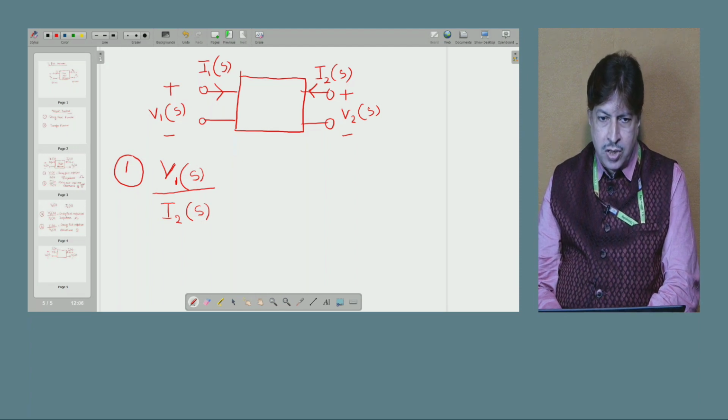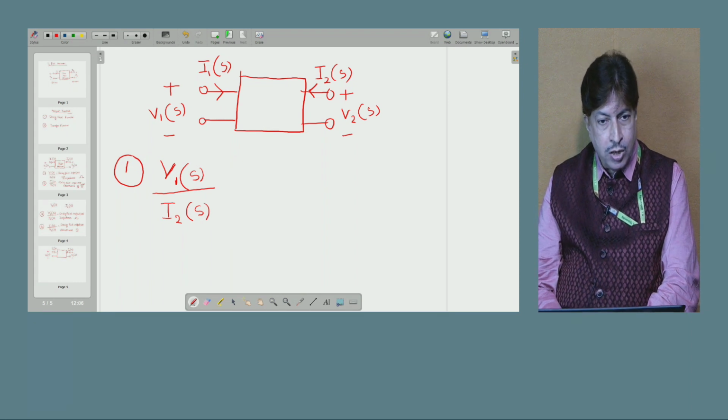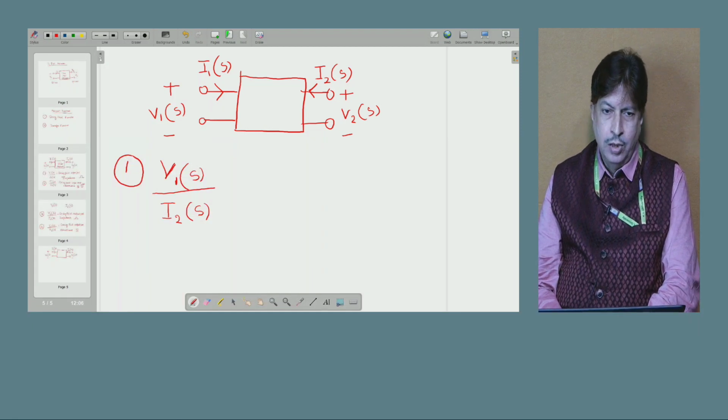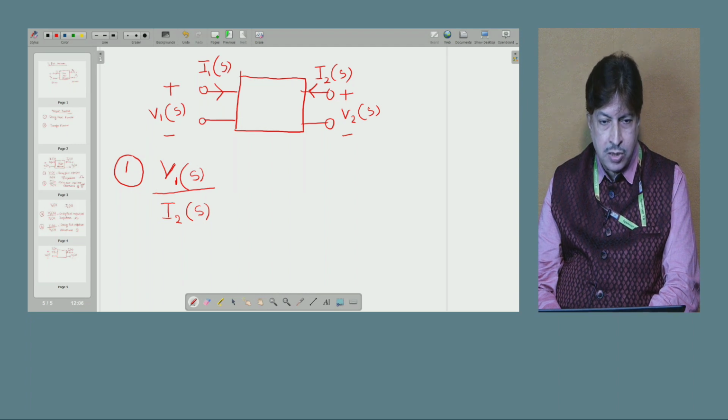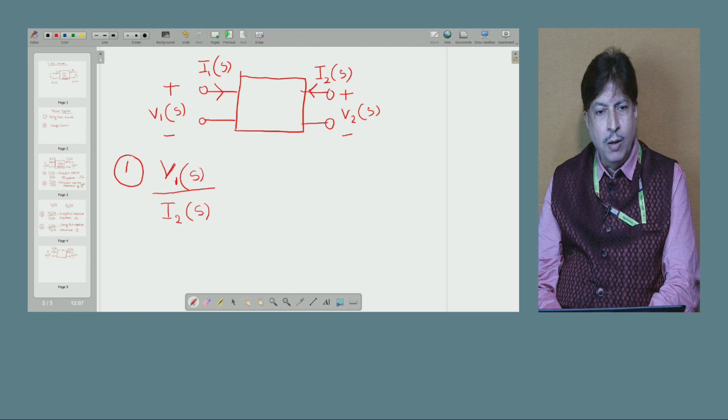At first glance itself I can say this is one of the transfer functions. On what basis am I confirming this? Numerator and denominator variables don't belong to the same port. They belong to different ports. Obviously, it is a transfer function.